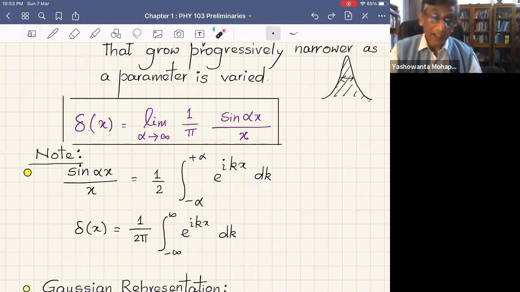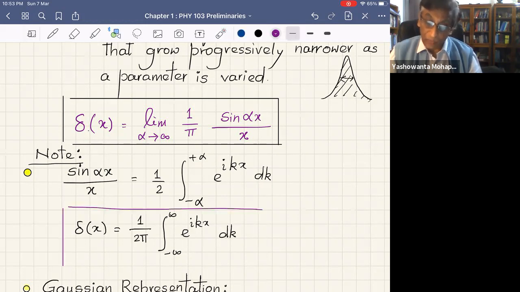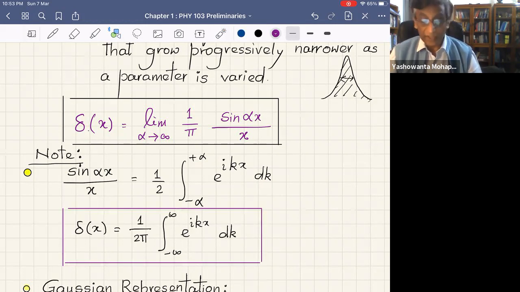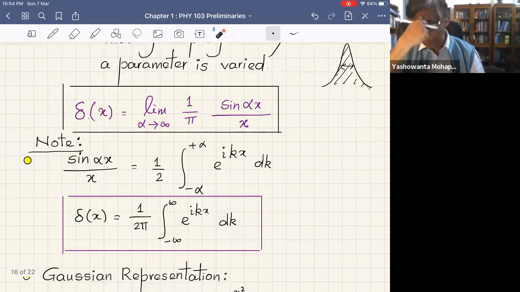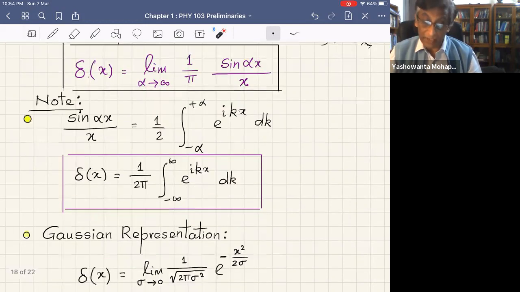Hence there is another way of defining it, which is actually used in quantum mechanics and a lot in electrical engineering: delta(x) is nothing but 1 by 2 pi, a normalization factor, times the integral from minus infinity to infinity of e^(ikx) dk. That's also a delta function. You will see this in Fourier transforms in your later maths courses.